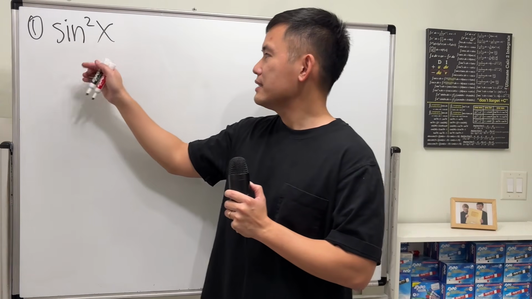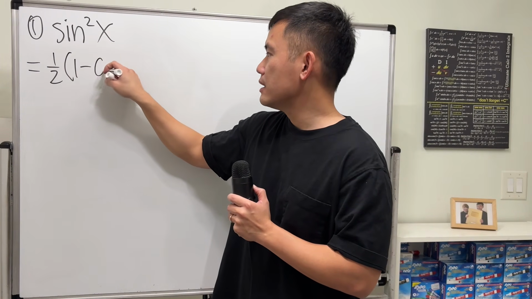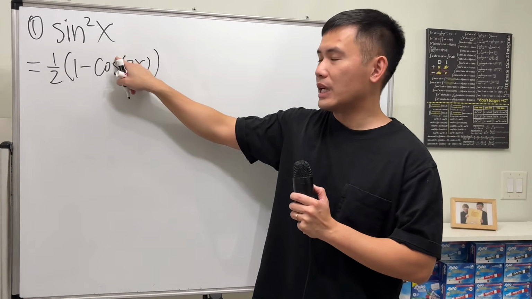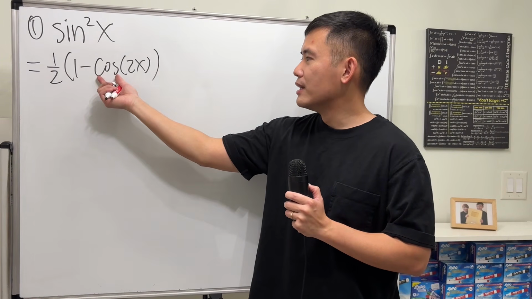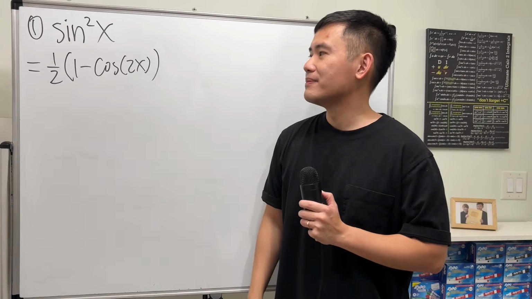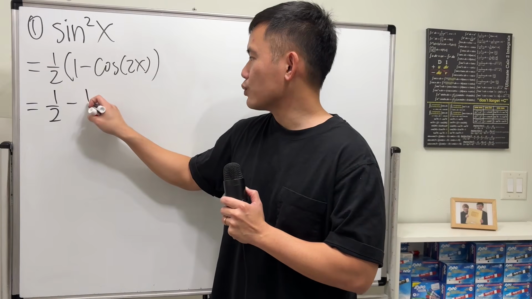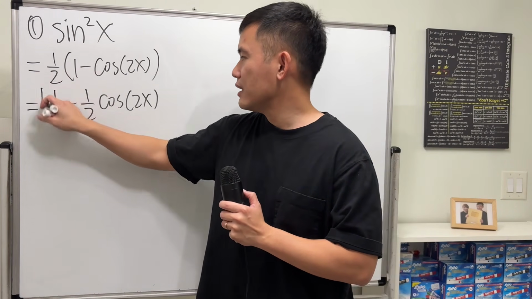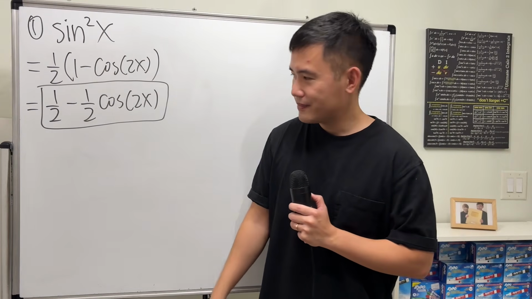So instead, let's change this to 1/2 times 1 minus cosine of 2x, so that we'll just be working with the first power here. And remember, we can totally integrate cosine of a number times x. Multiplying the 1/2, you get 1/2 minus 1/2 times cosine of 2x. And that is the integral ready form for sine squared x.